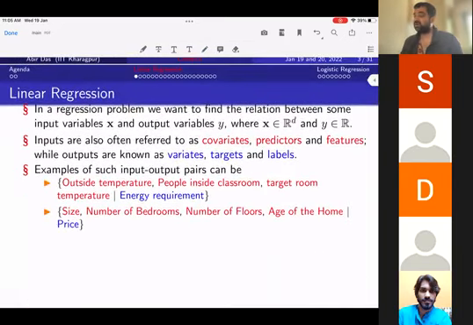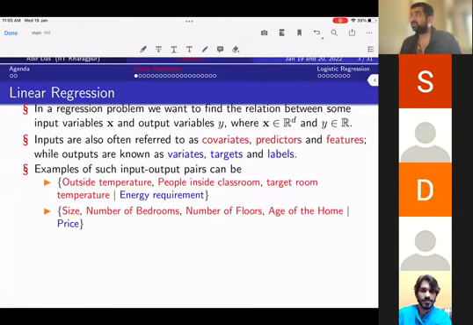Now quickly to linear regression. You know what the regression and classification problems are, as machine learning probably starts with such a class. In a regression problem, you want to find the relation between some input variables X and some output variable Y, where X can be in R^d, and Y is generally in R, but it can also be in R^m or R^n.